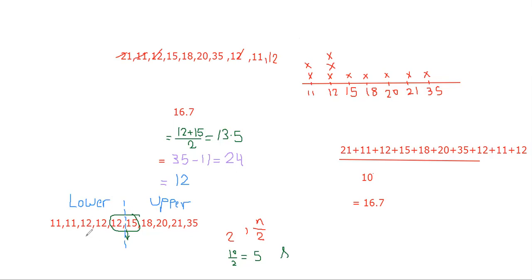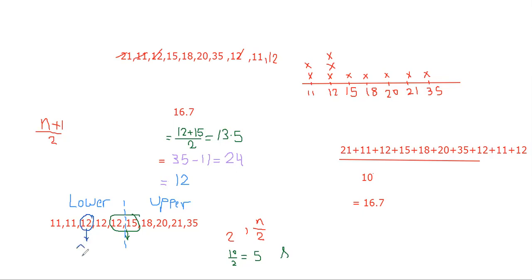So if I want to find the median, and they are odd, we can say n plus 1, divided by 2. So it will be 5 plus 1 equals 6, divided by 2 equals 3. So I will go directly and take 12. So this one, what will it be?